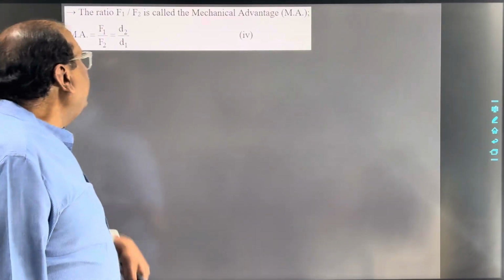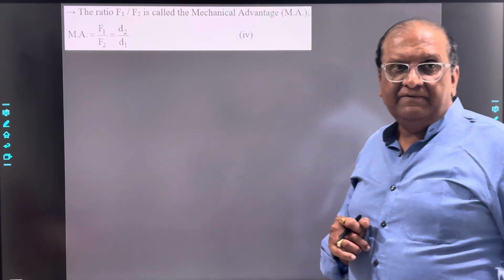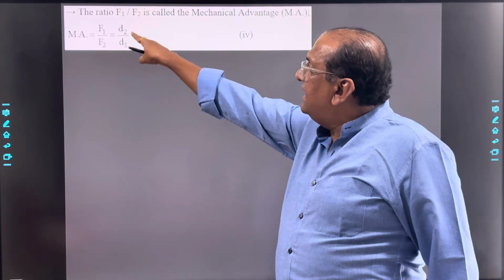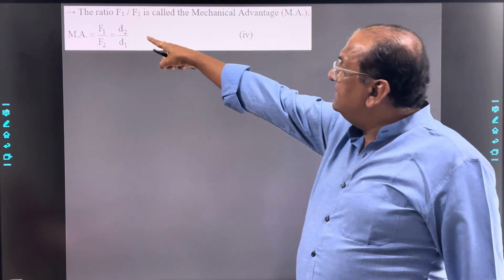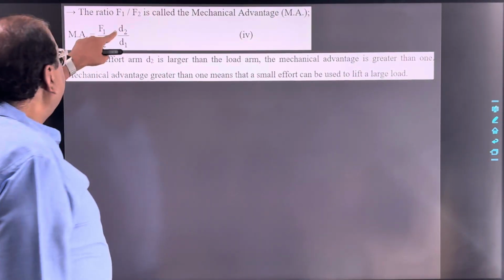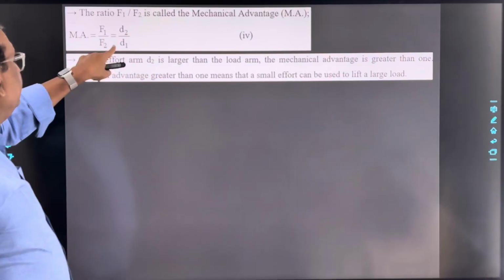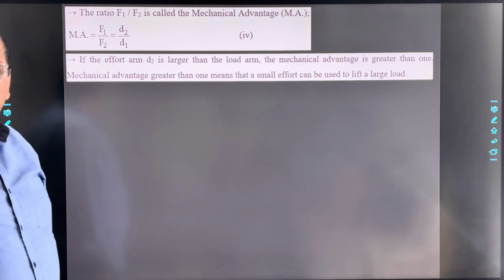Here the ratio F1 to F2 is called mechanical advantage. From that equation we can write F1 upon F2 equal to D2 upon D1. So we can see that if the effort arm D2 is larger than the load arm, then the mechanical advantage will be greater than 1.